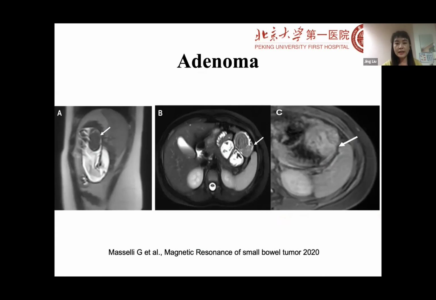So let's see an example. This is an adenoma. We could see this nodule is here. And most of the benign tumors in the small bowel always appear the same, just like a nodule with homogeneous enhancement and well-defined, smooth margins. Okay, this is the enhancement, it shows homogeneous enhancement.